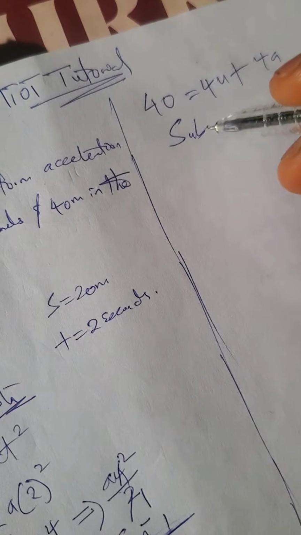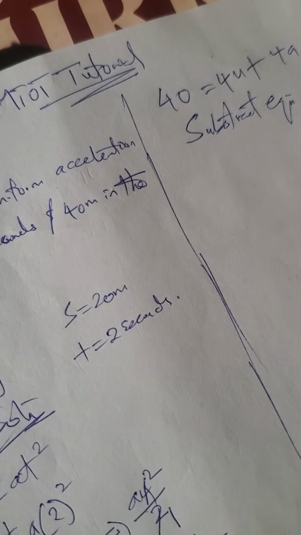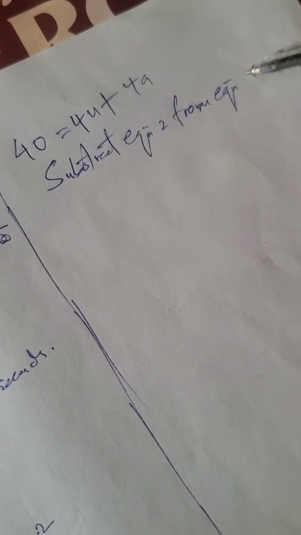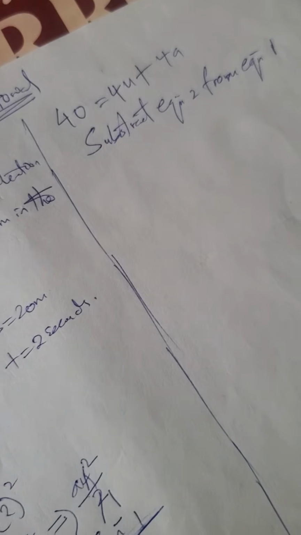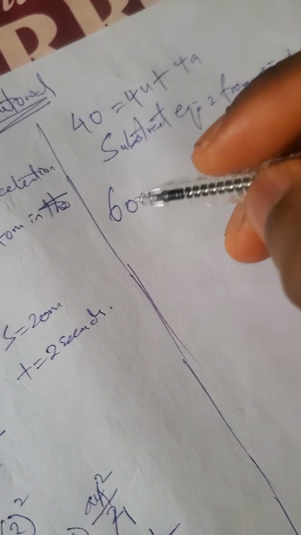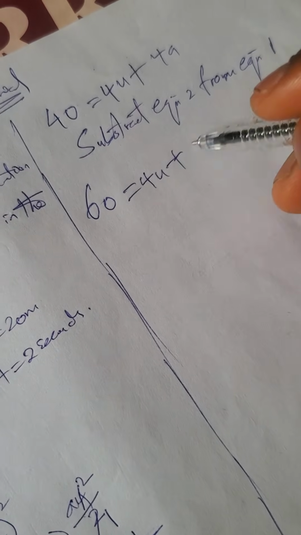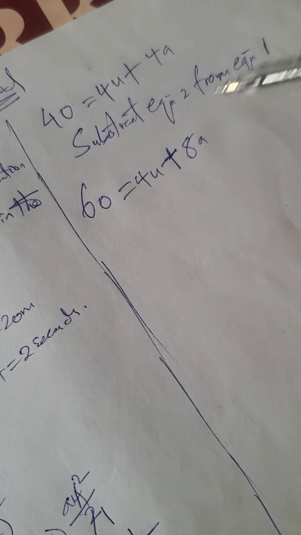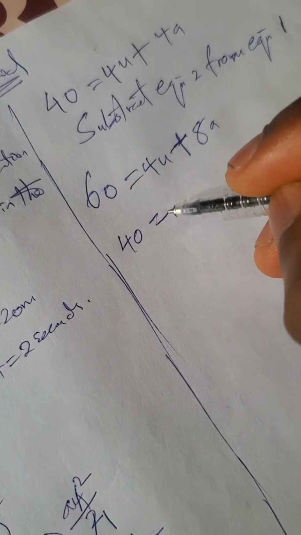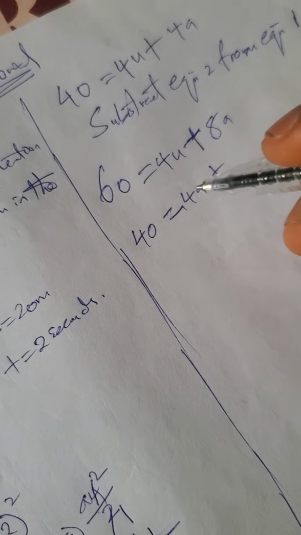Subtract equation 2 from equation 1. Alright, so now you bring down equation 2 again. Equation 2 is 60 equals 4u plus 8a. Equation 1 is 40 equals 4u plus 4a.